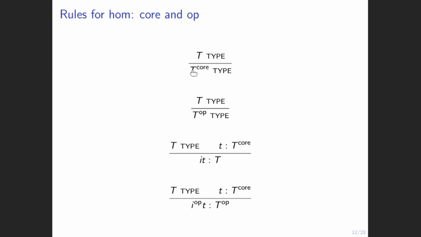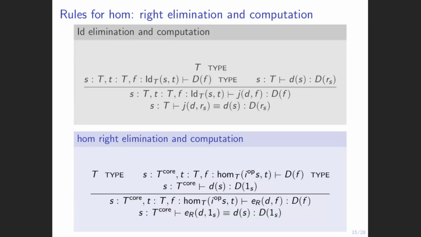You could say that T-core is just the same as T, and T-op is just the same as T itself, and that these inclusions from T-core into T and into T-op are just the identity functions. Then this rule just collapses to the identity types of this rule. The hom types and their rules can be interpreted by the identity type and its rules.